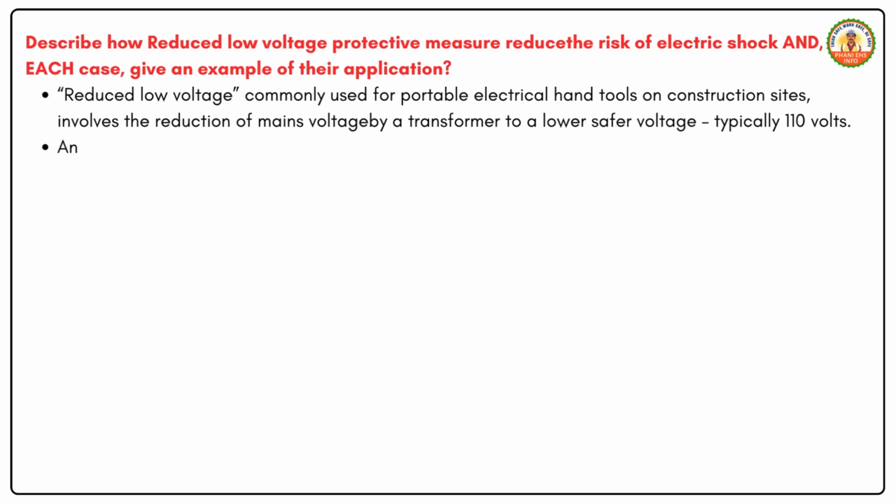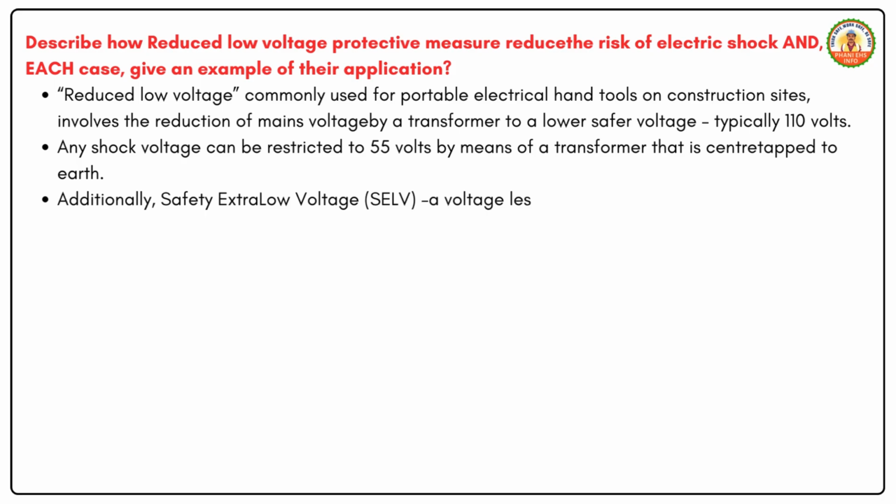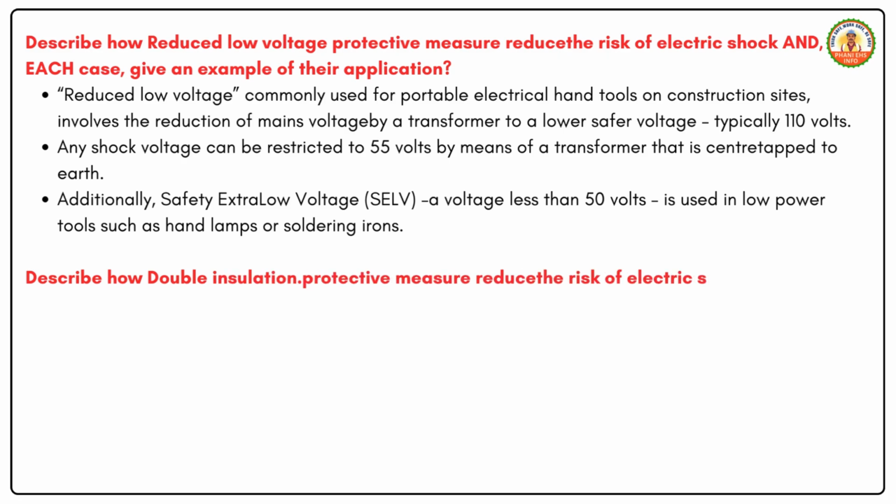Any shock voltage can be restricted to 55 volts by means of a transformer that is center tapped to earth. Additionally, safety extra low voltage, SELV, a voltage less than 50 volts, is used in low-power tools such as hand lamps or soldering irons.